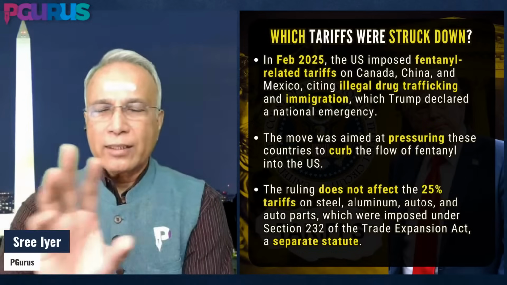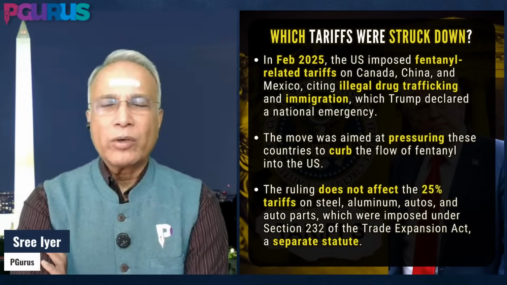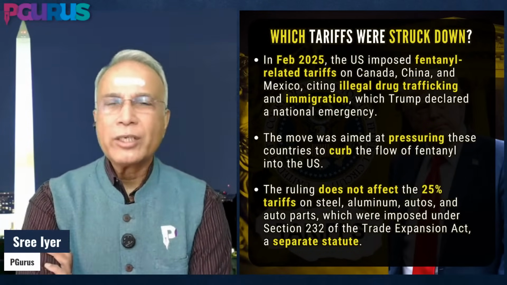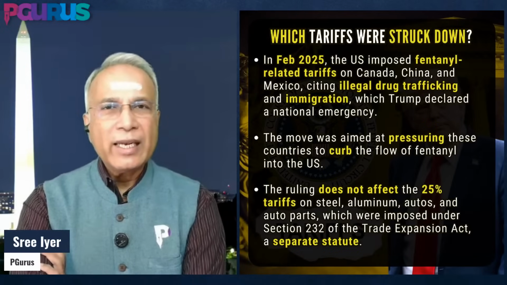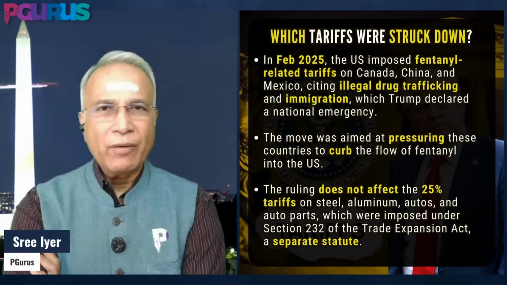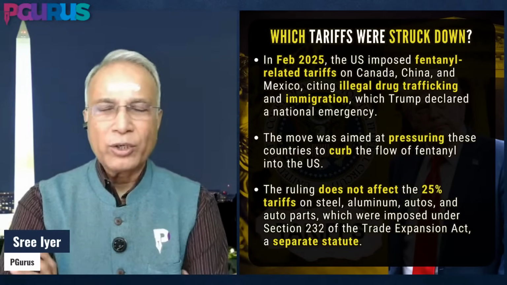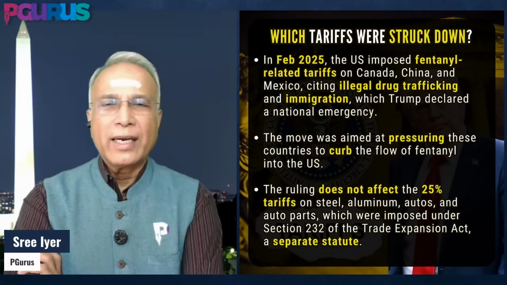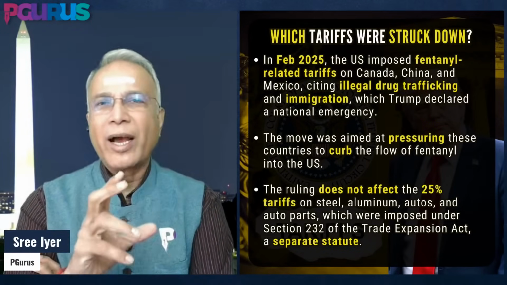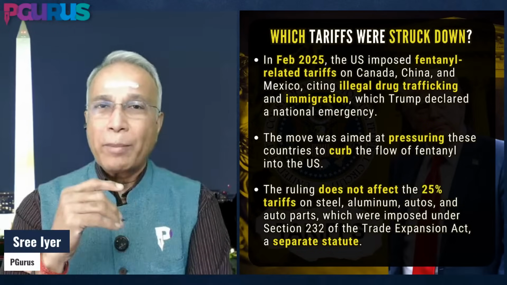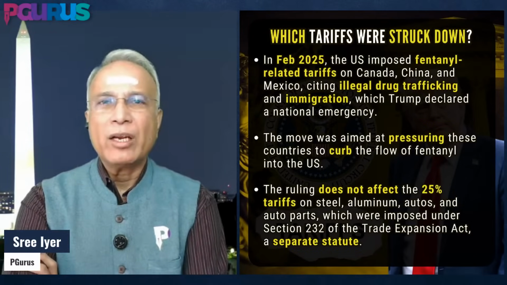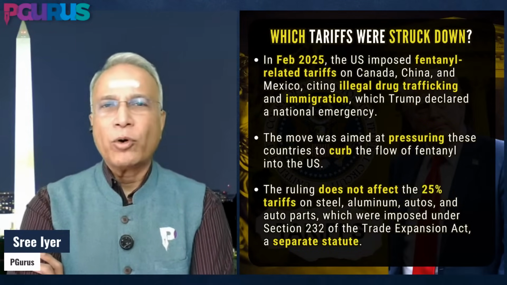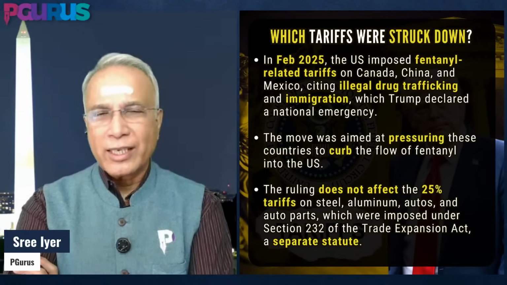So the other thing aimed at Mexico was not just tariffs, not just fentanyl, but also the illegal immigrant traffic that was coming in. As a matter of fact, you will be surprised to know, viewers, that illegal migrant numbers were high from the southern border, but the type of illegal immigrant coming in from Canada was far more dangerous. It is believed that many criminals came in from there.